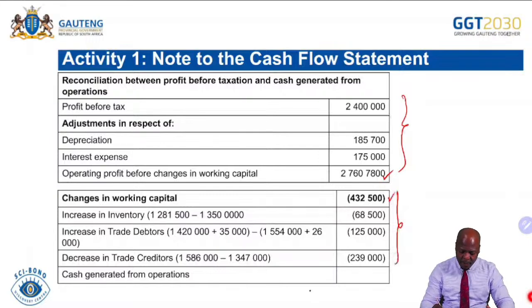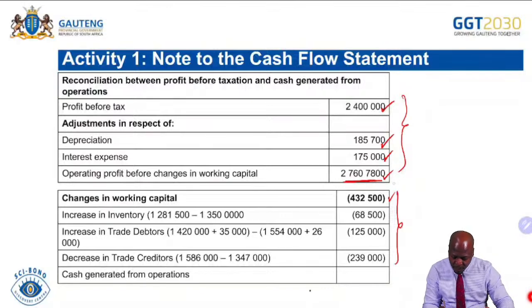We're going to say your 2.4 million plus 185,700, plus 175,000. Remember, it gave us our 2,760,700. I'm going to repeat that one again. It was 2,760,000 and then 700. Here it has to be our 700.